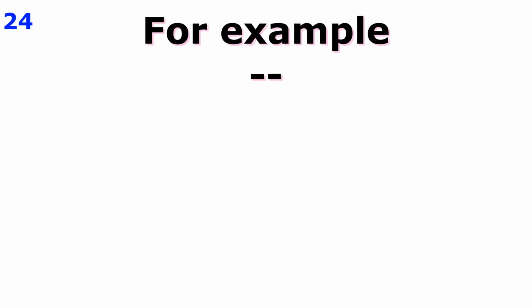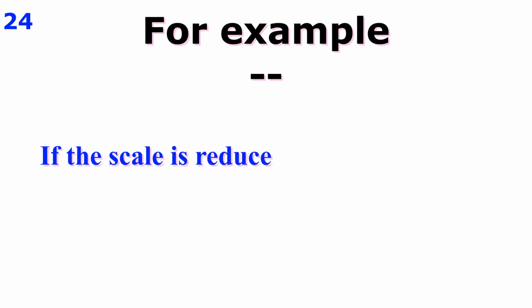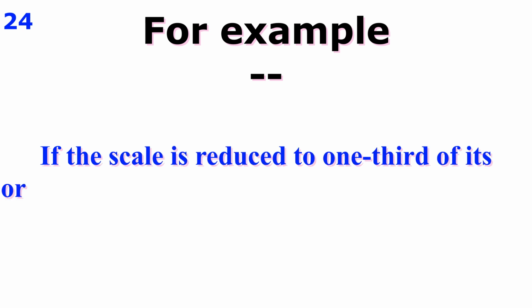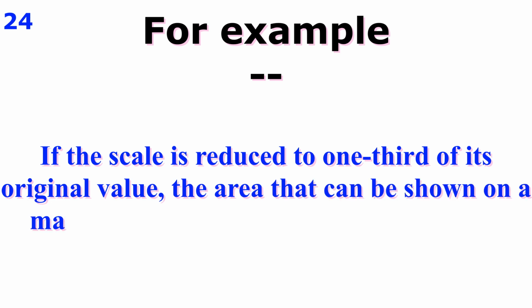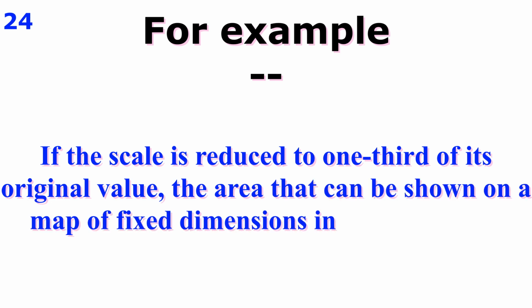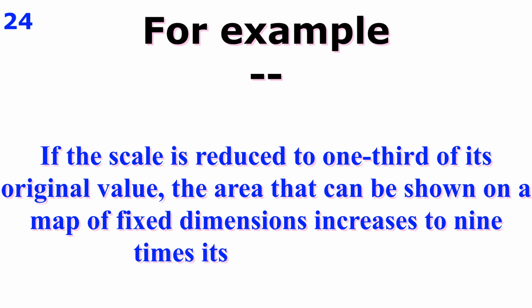Example, if the scale is reduced to 1/3 its original value, the area that can be shown on a map of fixed dimensions increases to 9 times the original value.